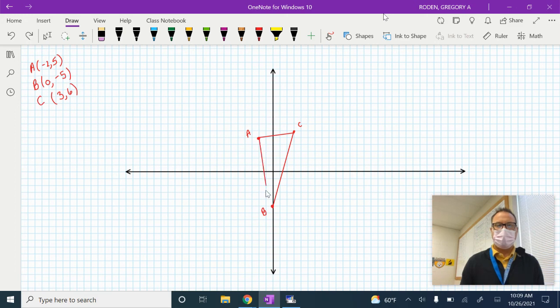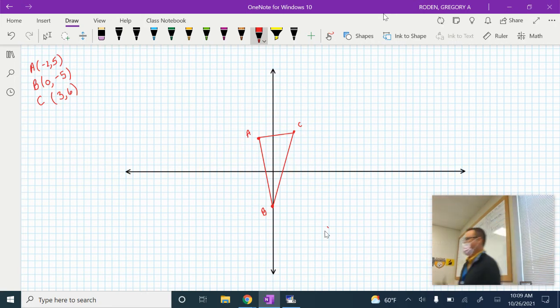So do you all agree your triangle looks something like this? You guys agree with that? Okay, any questions? So does your triangle look like my triangle?